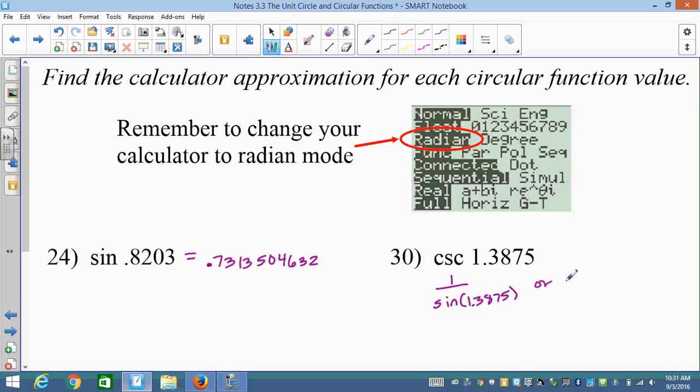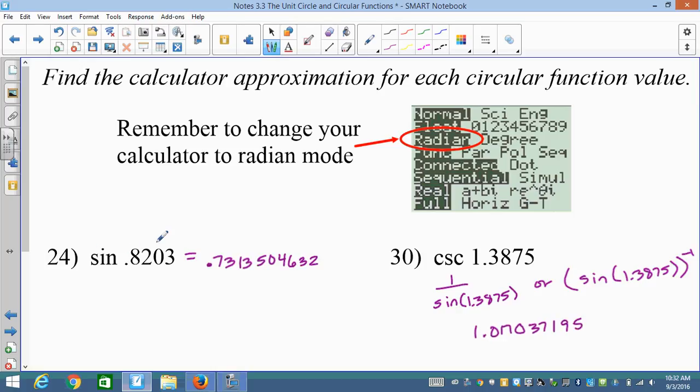Or you can type it in as sine of 1.3875, close both parentheses, and then put that -1 symbol on there. Either way, your answer should be 1.017037195.